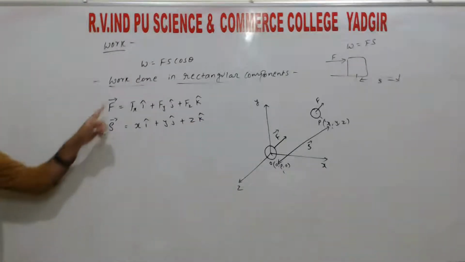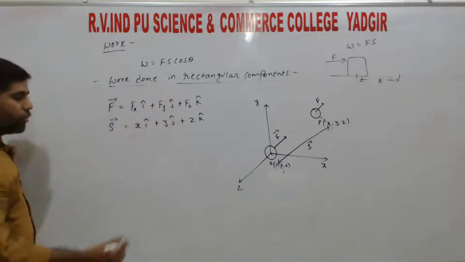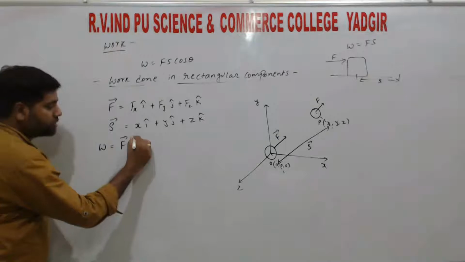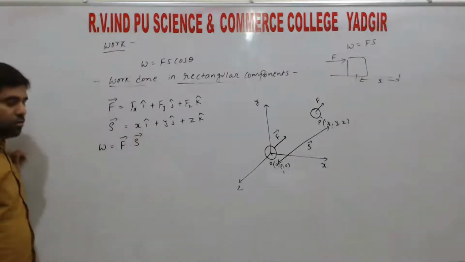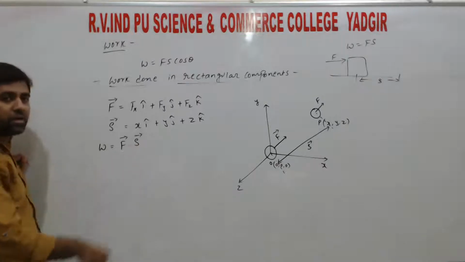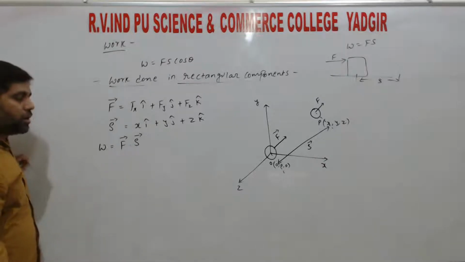Here we need to find the work done in rectangular components. We know the formula: work done, W equals F dot S. It is a product of two vectors, so that is the dot product, or scalar product.